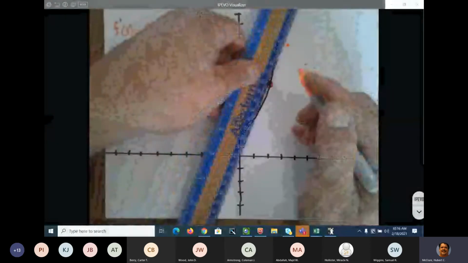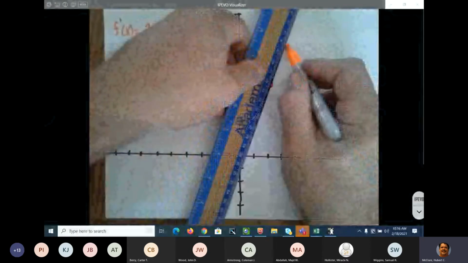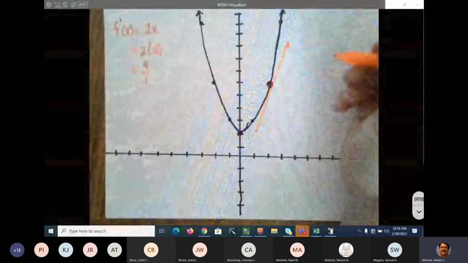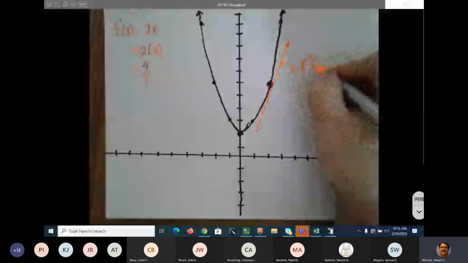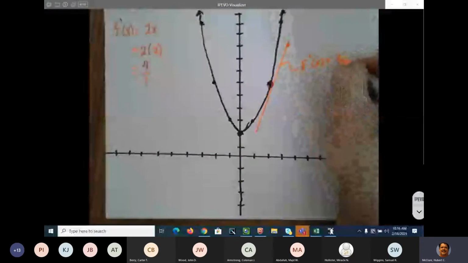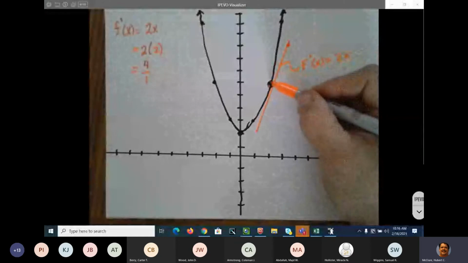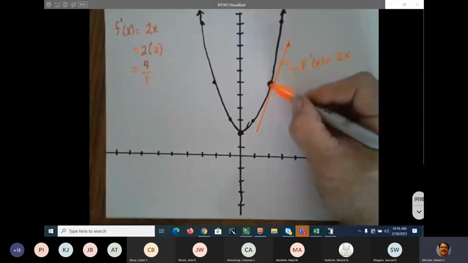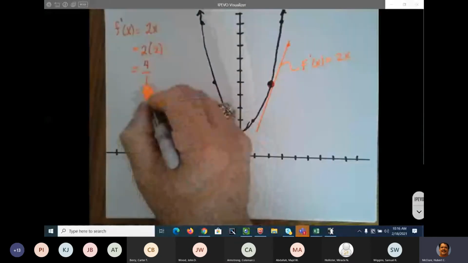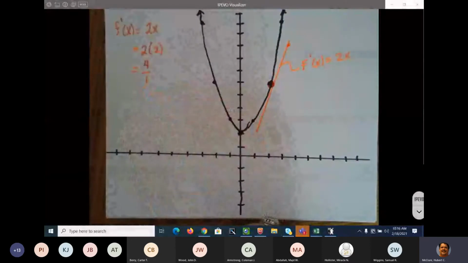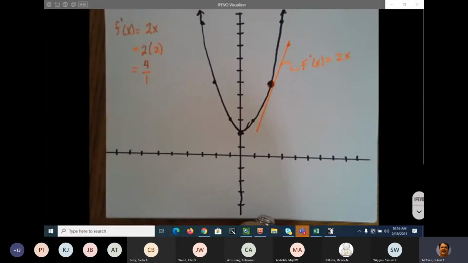Well, I don't have it exactly right, but f prime of x is equal to 2x. So the slope of my tangent line at x equal to 2 is 4. All right, now, somebody pick a negative x for me.